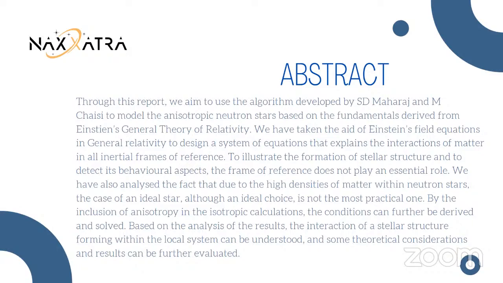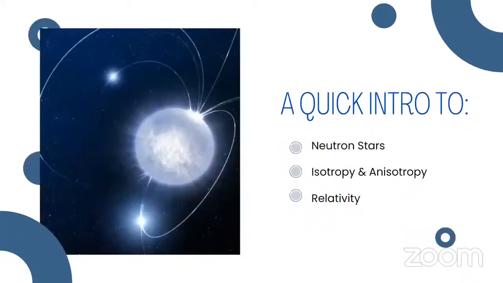Through inclusion of the anisotropy in the isotropic calculations, we found that these conditions can further be derived and solved. Following our analysis and comparison of the results, we found that the interaction of the stellar structure forming within the local system can be understood, and theoretical considerations and results can be further evaluated.